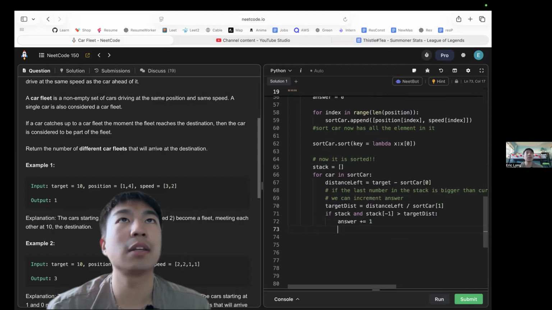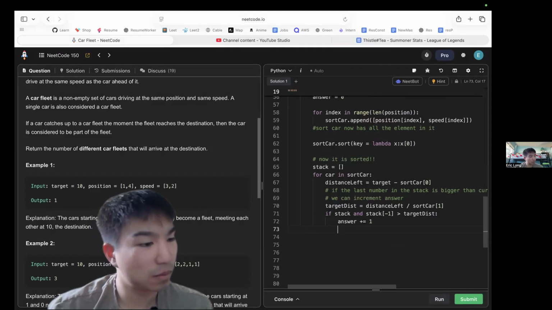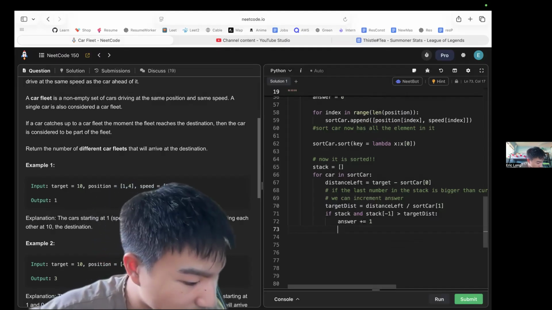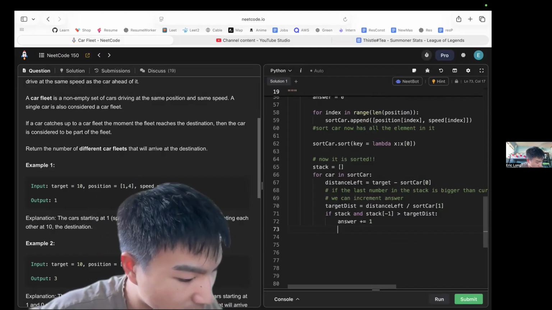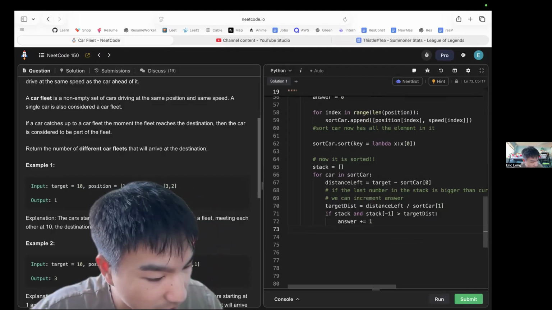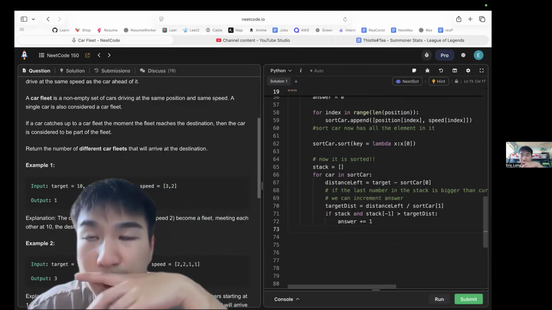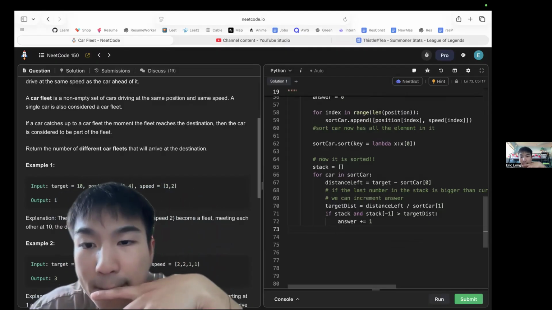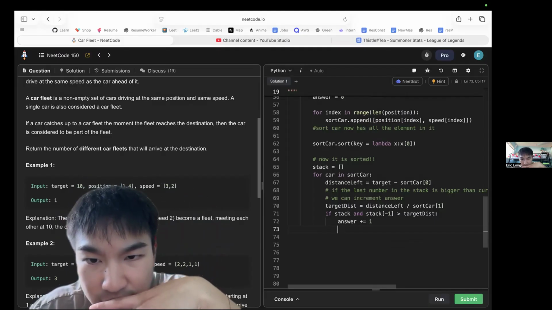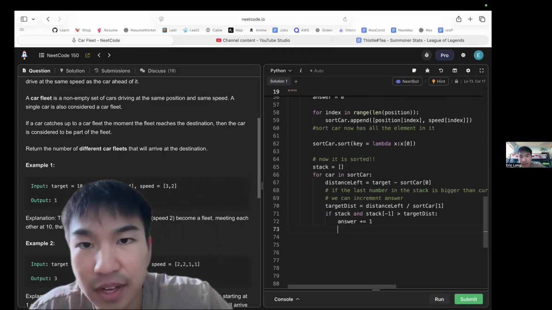Okay, so 10. We could have both of them. Remember, if the number is bigger, hold on. Something is coming up on my phone. Okay, if it's bigger, do we still need to append? If stack and stack -1 is greater, no, we don't even care about the last element.